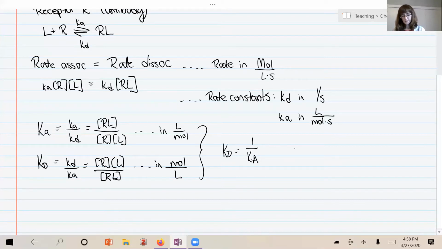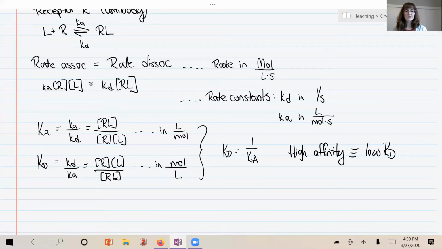So high affinity is low KD, and it's really important to have that straight from the very beginning, so that you don't get confused and think that it means a high KD, because that would be untrue. Okay, so at higher affinity, we get higher binding of the ligand. A higher fraction of the ligand is bound for a given concentration of the receptor, and that's a low KD.